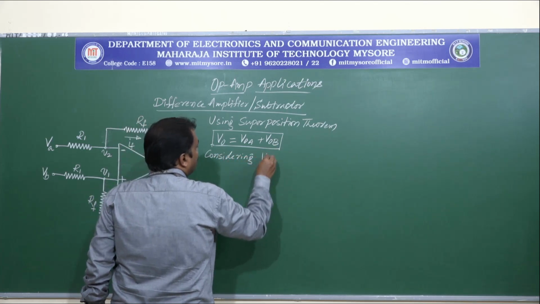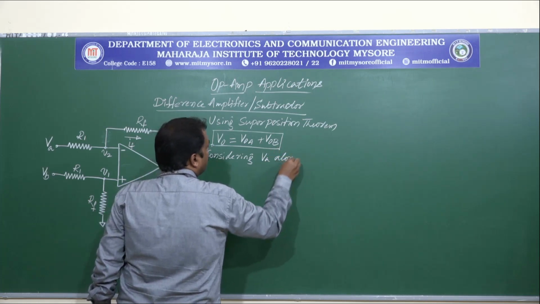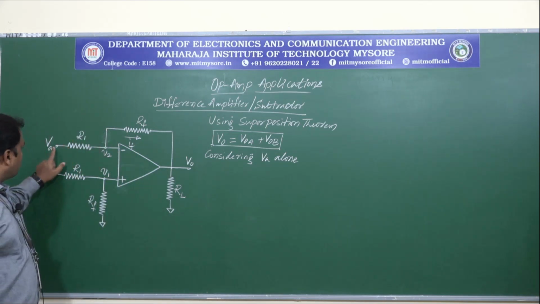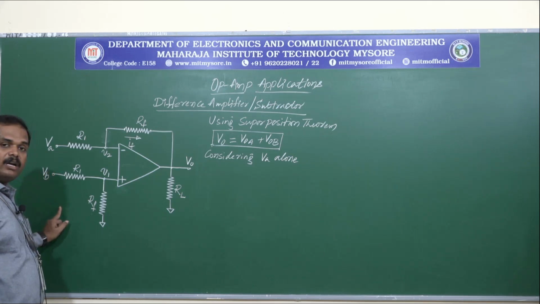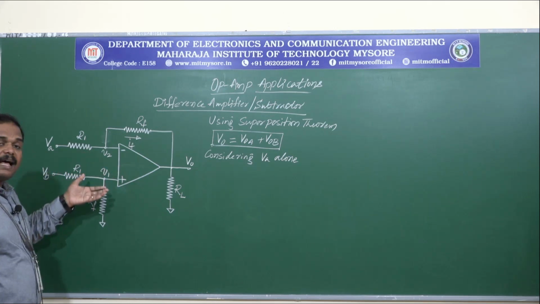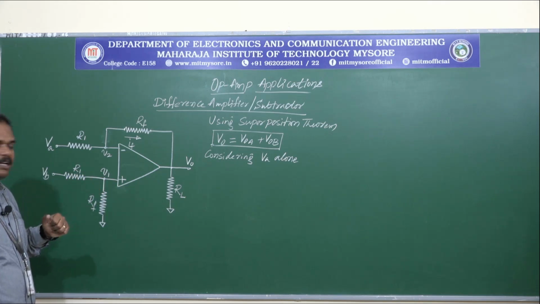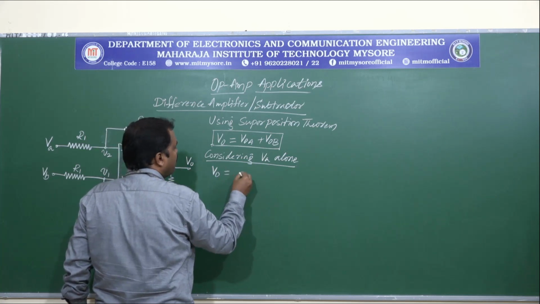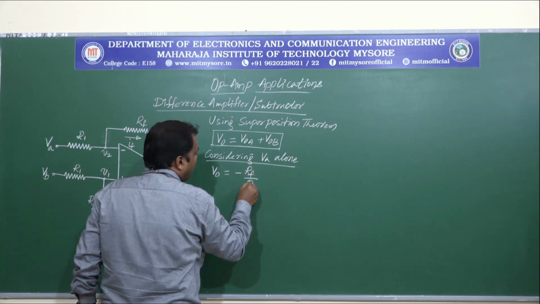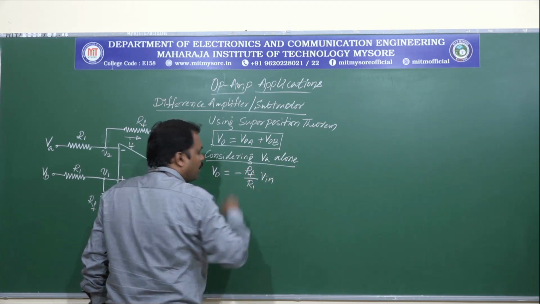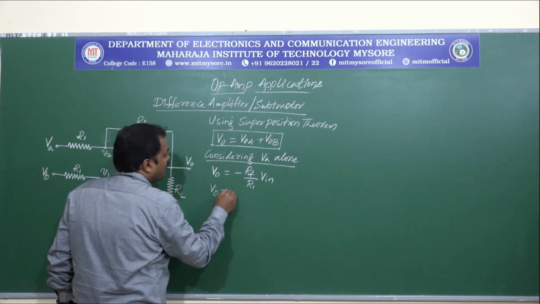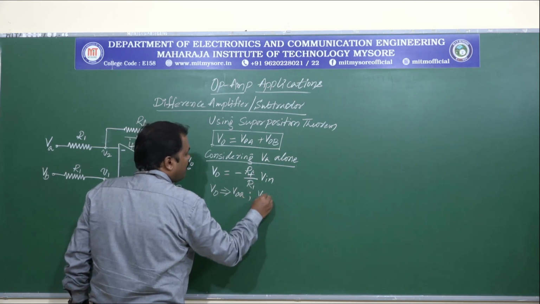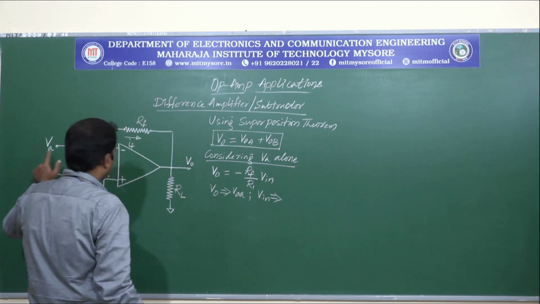Considering VA alone, looking at the circuit, if I consider VA alone, VB should be grounded. So the op-amp circuit works as an inverting amplifier. V0 for an inverting amplifier is given by minus RF by R1 into Vin, whereas V0 is V0A and Vin is VA.